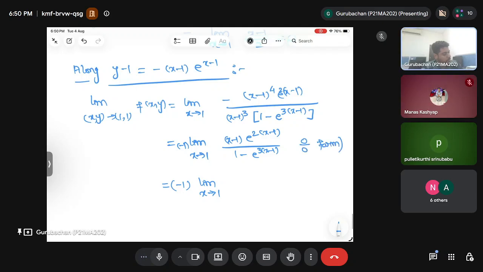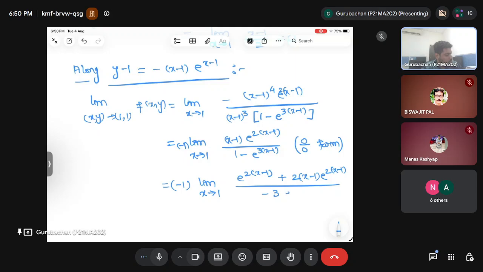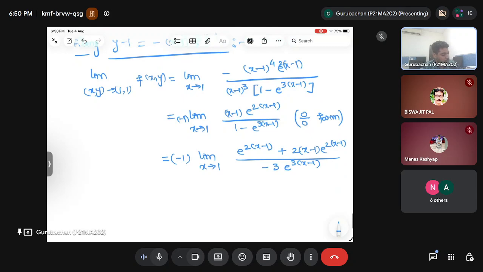By L'Hopital, if you apply, it will be 2 times (x minus 1) e to the power 2 times (x minus 1) divided by minus 3 e to the power 3 times (x minus 1). We could put x minus 1 equal to t here, it will be simpler, but we are getting habitual with our regular approach. Now if you substitute x equal to 1, what will you get?